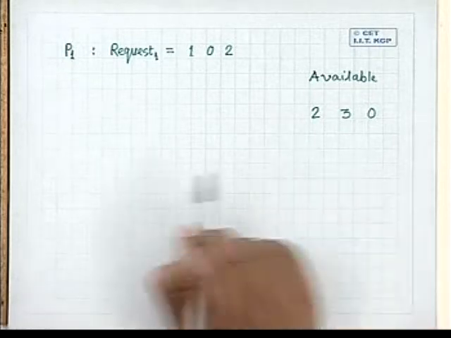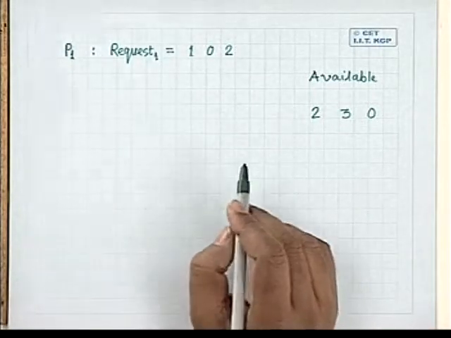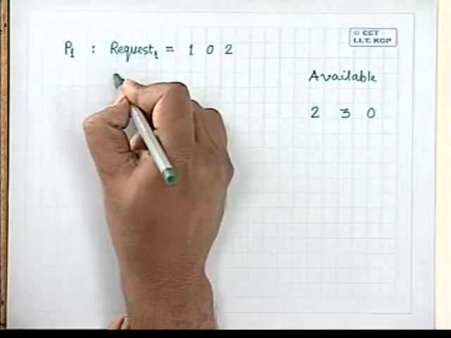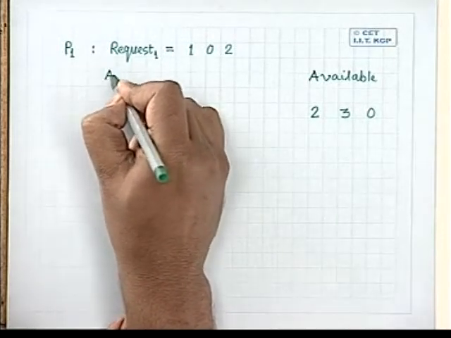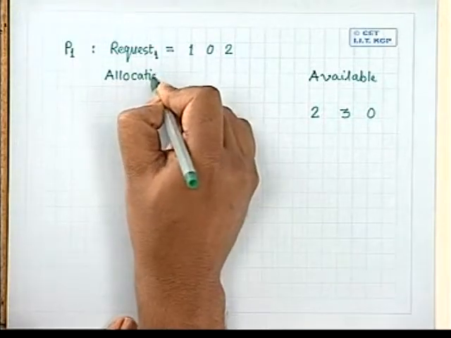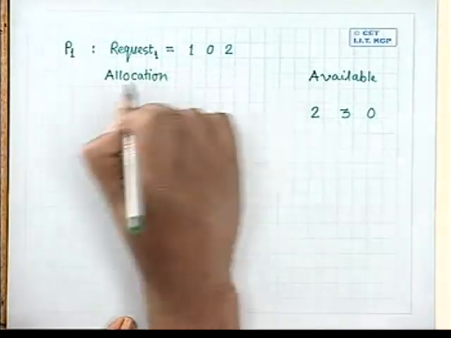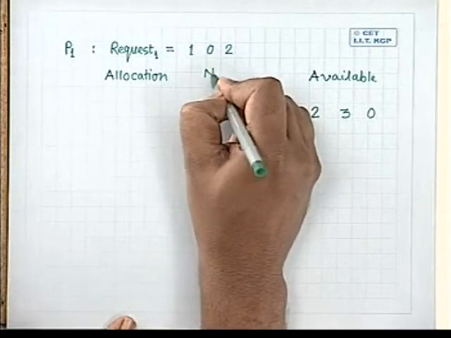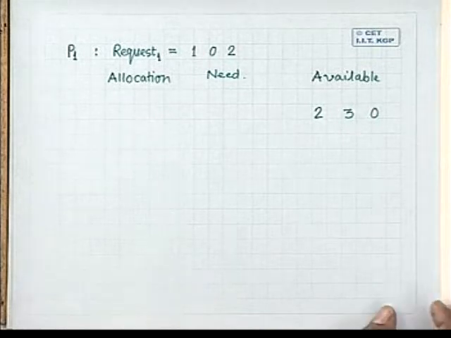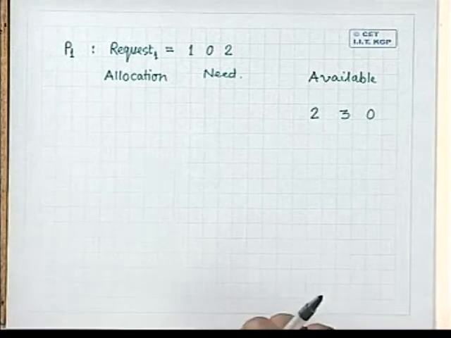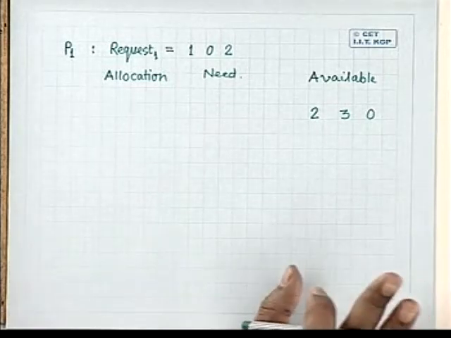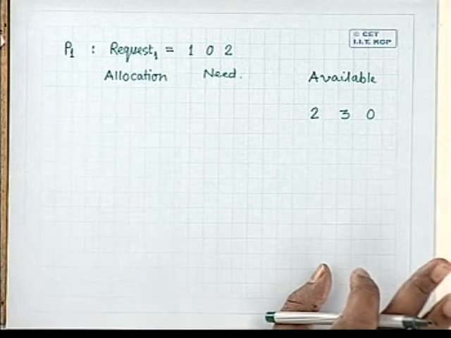Okay. Then the other data structures which will be modified are allocation and need. Okay. The resources are allocated only to process P1. So only allocation 1 will be changed, others will remain the same. Okay.